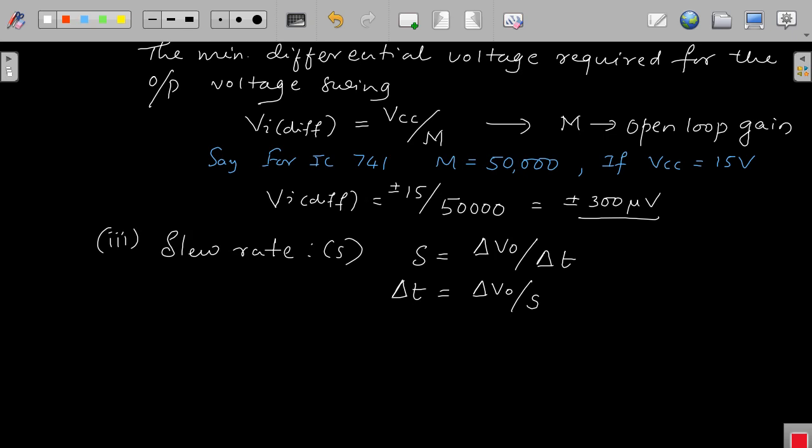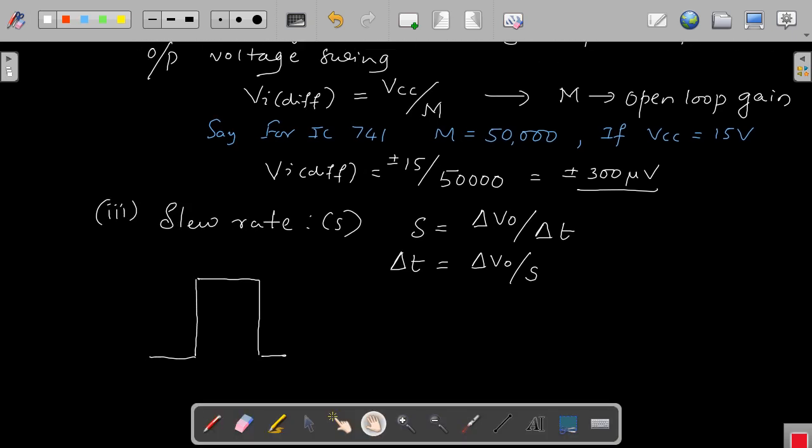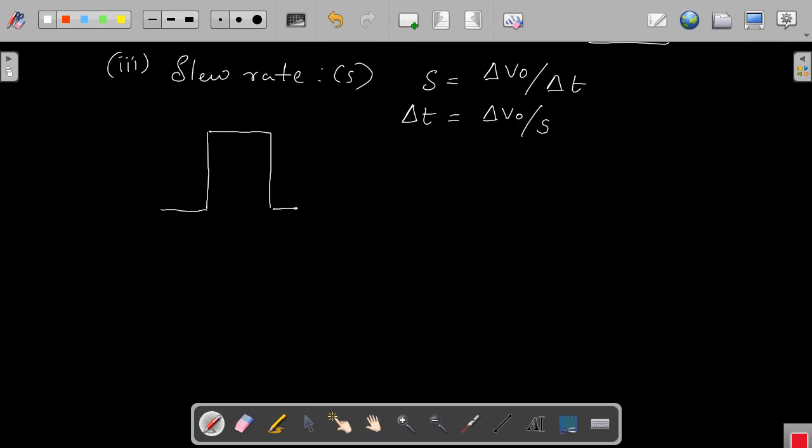So therefore, in order to have the proper output swing, right? Suppose now I want the output swing to be something like this. This is my perfect output swing. But instead, when the input is like this, you may end up getting the output something like this.